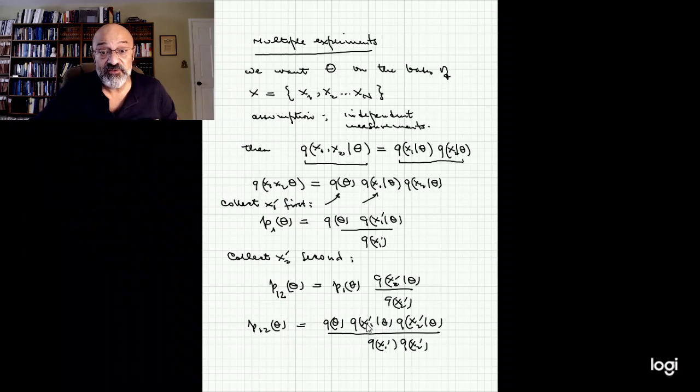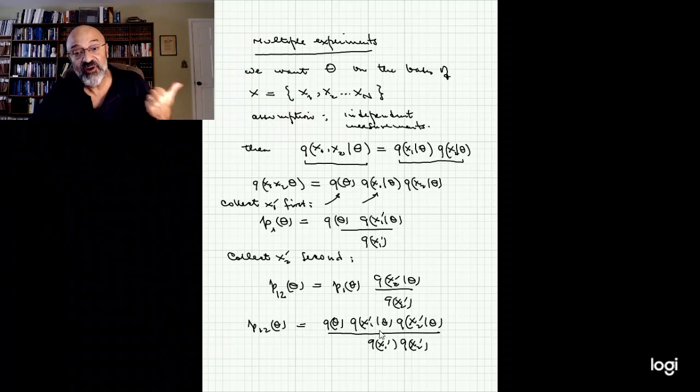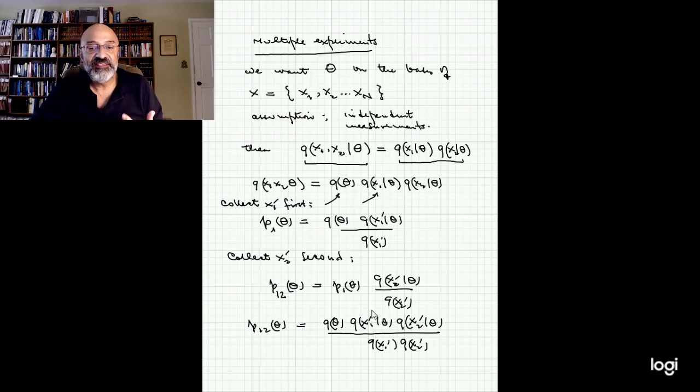Once you measure x1 prime, measuring x2 prime does not deny the fact that in the first measurement you got x1 prime. That continues to be true. So you do not negate the original information.